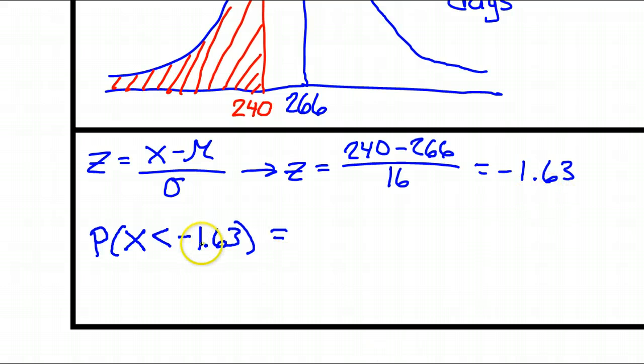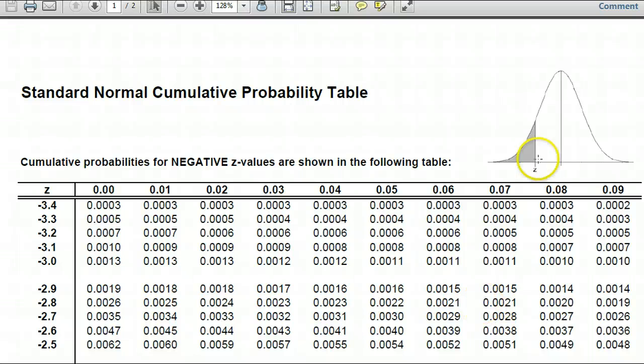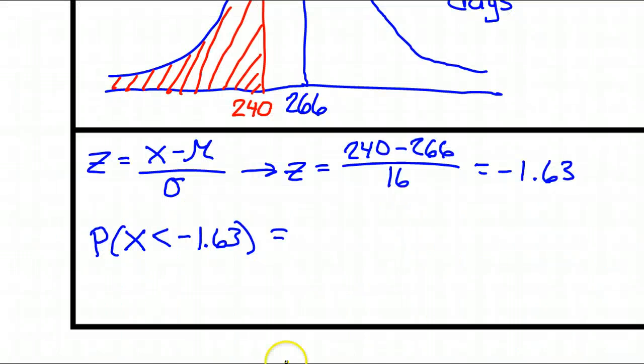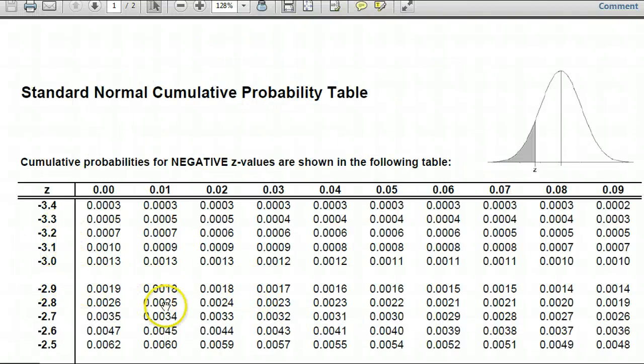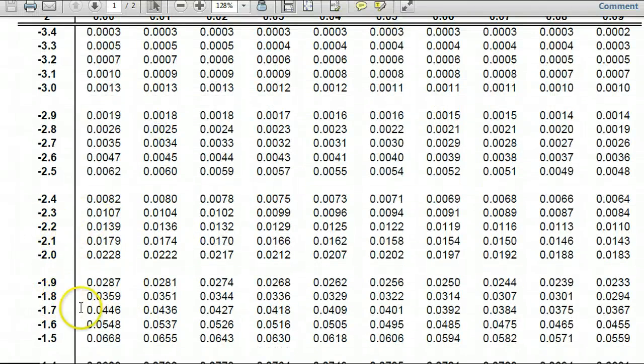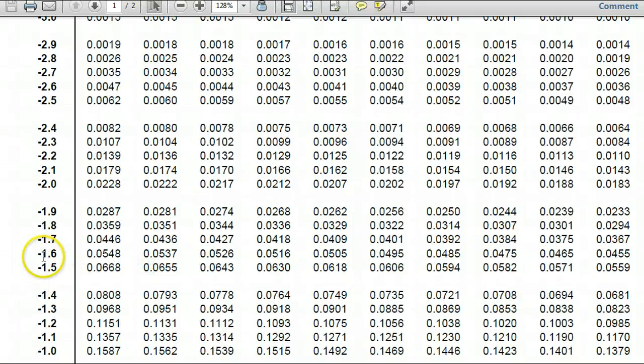That's what I'm looking for. So we need to find negative 1.63 on the chart. Please understand that whatever number we find, it's giving us the probability to the left of the z-score. And that's exactly what we want in this case. So make sure you're on the part of the chart that has the negatives on it. I see my negative 1.6 right here.